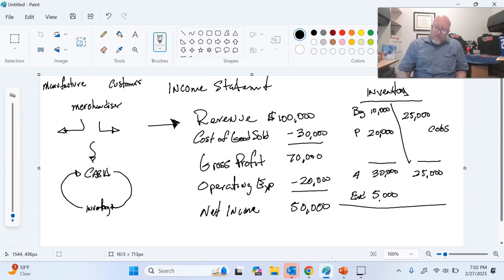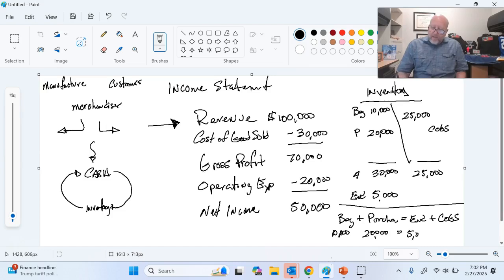A different way that we can refer to that is with a formula: the beginning balance plus purchases is going to equal either the inventory I still have or cost of goods sold, right? So my beginning balance of 10,000 plus the purchases of 20,000 is a total of 30,000. That will equal my ending balance of 5,000 plus my cost of goods sold of $25,000, right?